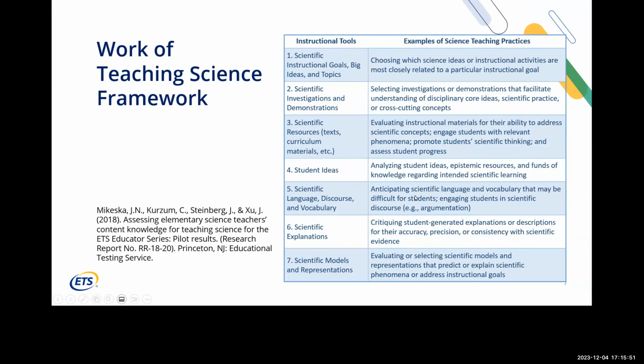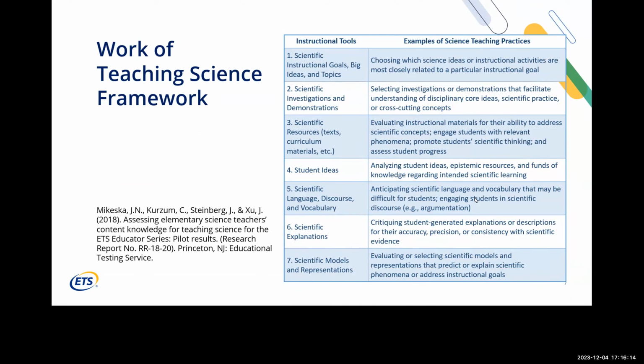Research studies have shown that teachers use their CKT when they engage in critical teaching practices, such as when teachers elicit and interpret students' ideas, when they select and implement instructional activities to address specific learning goals, and when teachers critique, for example, student-generated explanations.